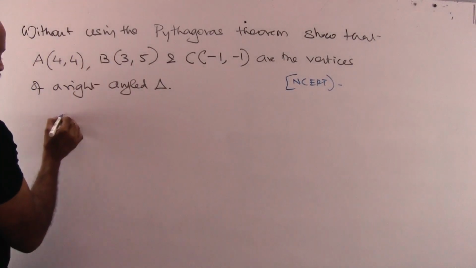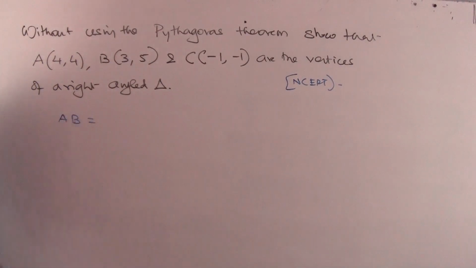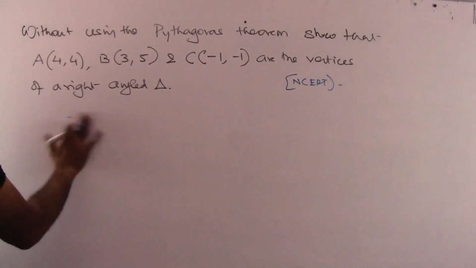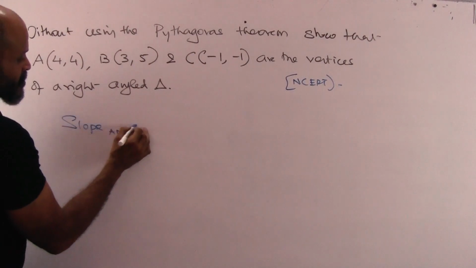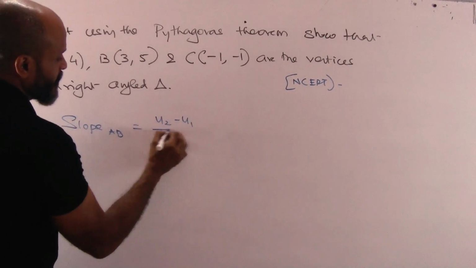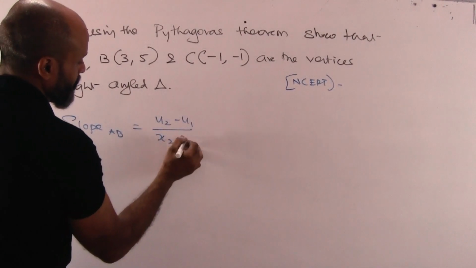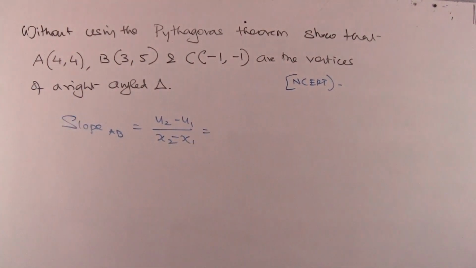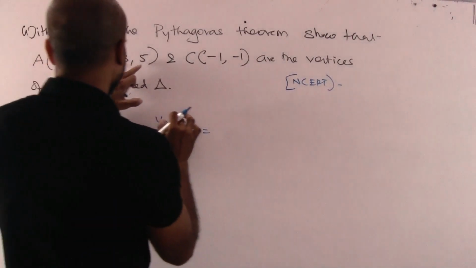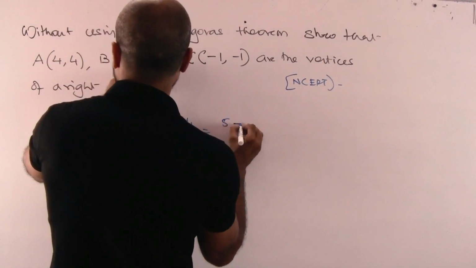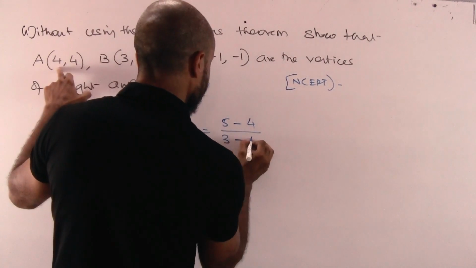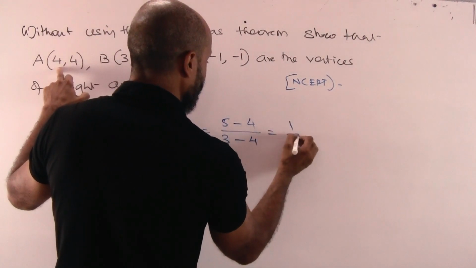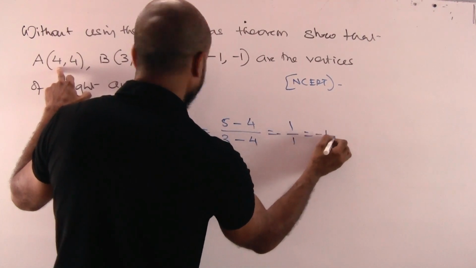So, let us say we take AB. What will be the slope of AB? This will be y2 minus y1 upon x2 minus x1. Let us calculate all the slopes here. 5 minus 4 upon 3 minus 4. That gives you 1 upon minus 1, so that will be minus 1.